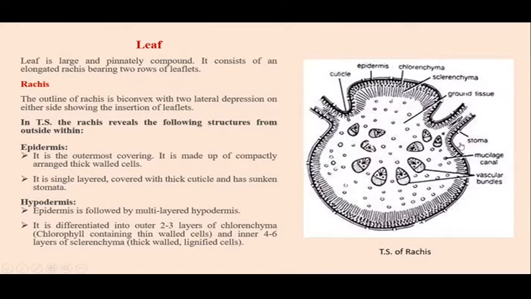Hypodermis is differentiated into outer 2 to 3 layers of chlorenchyma, that is chlorophyll containing cells, and inner 4 to 6 layers of sclerenchymatous cells, which are thick walled and have depositions of lignin. So in this diagram, here you can see outer is the chlorenchyma and inner is the sclerenchyma.